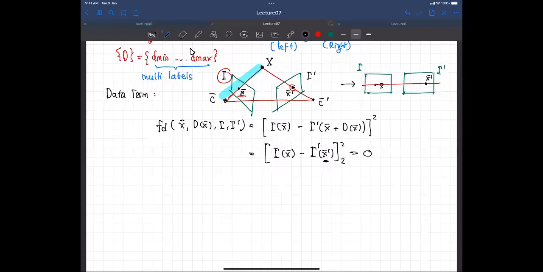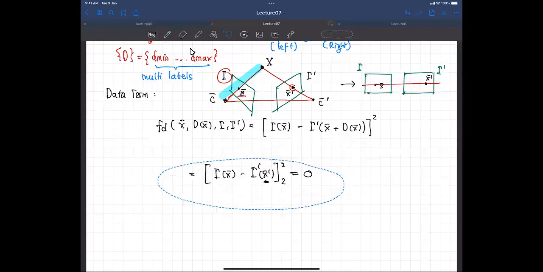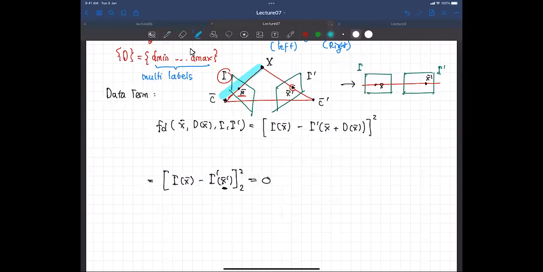But unfortunately, we do not know X prime. We do not know this. So that's why we have to search along this line.